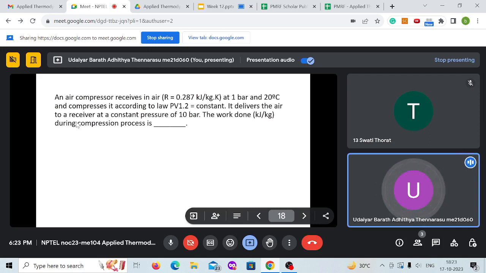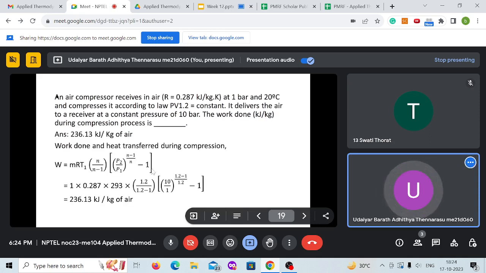So the next question is a similar problem, but instead of discharge temperature, here we have to find out the work done during the compression process. So same inlet temperature of 20 degrees Celsius and 1 bar, and same process. This is PV raised to power 1.2, and your discharge pressure is 10 bar.